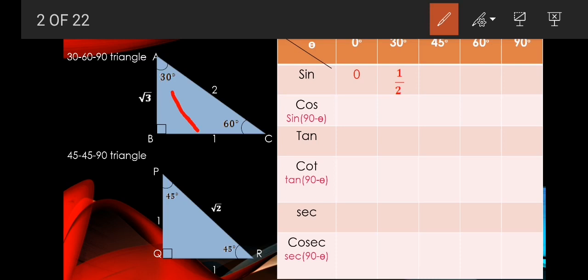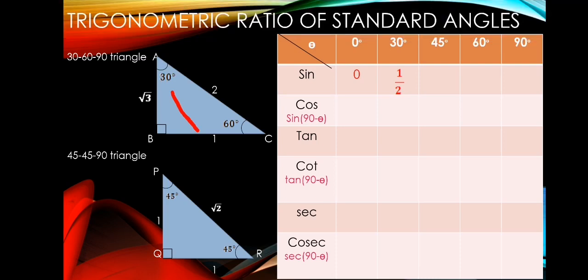So sine 30 will be 1 by 2. Now go to next degree, that is 45 degree. The side opposite to 45 degree is 1, and hypotenuse is root 2. So sine 45 will be 1 upon root 2.